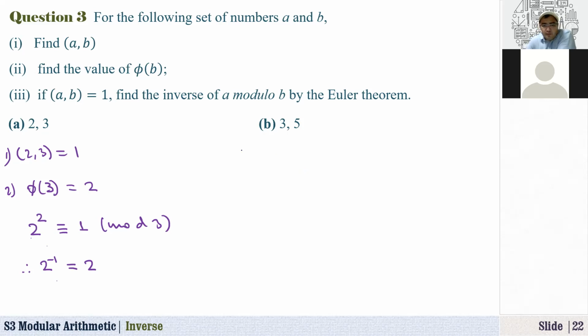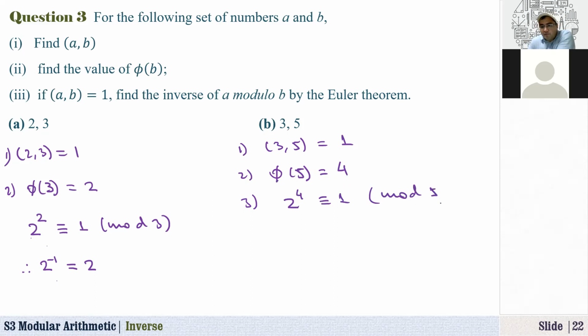And how would the second one be? Here we have 3 and 5, and the highest common factor is equal to 1. And number 2, phi of 5: 5 is a prime number, that's why it is equal to 4. And number 3, 2 to the power of phi of 5, which is 4, is congruent to 1 mod 5, because 2 to the power of 4 is 16.